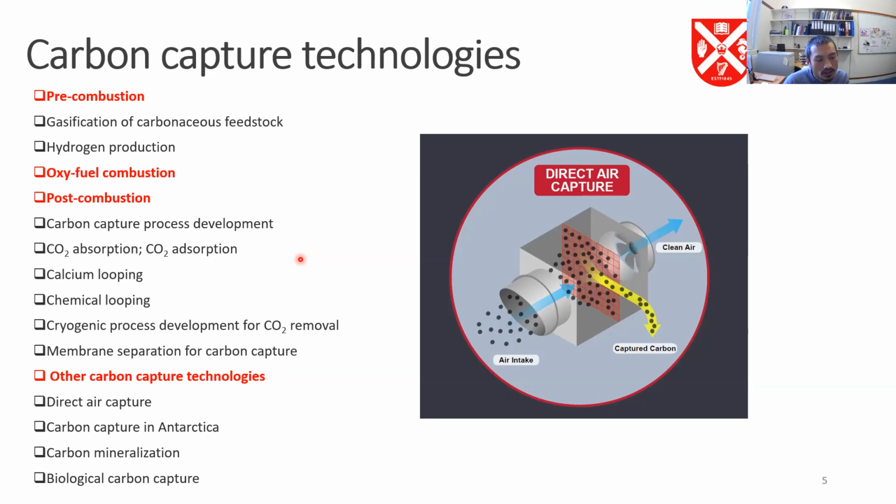Using solid sorbents like zeolite, MOF, and biochar to capture CO2 is also popular. One of the most popular CO2 adsorption technologies is calcium looping, which uses calcium oxide. There is also membrane-based CO2 capture. Other technologies also contribute to CO2 capture, like direct air capture, where we capture CO2 directly from air.